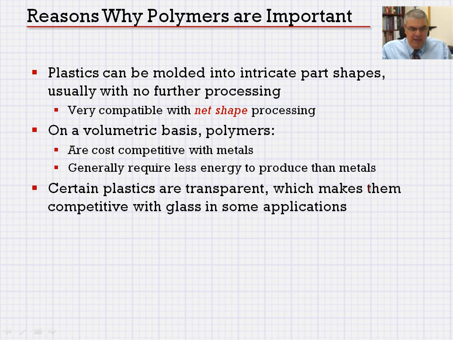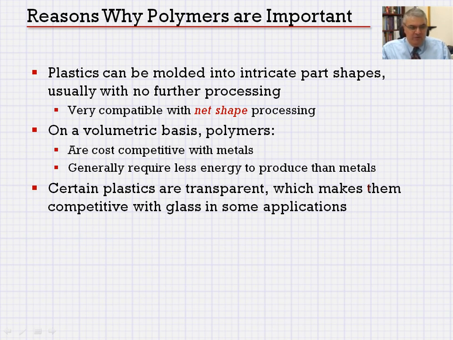it's important to realize that if it wasn't for polymers, some of these toys that we make for kids might not have been as safe as they are. If we want to make some of these toys out of any other material but polymers, we need to polish them and finish them.